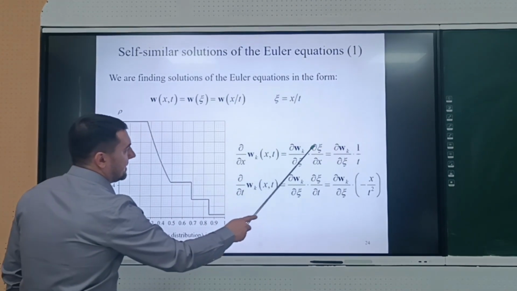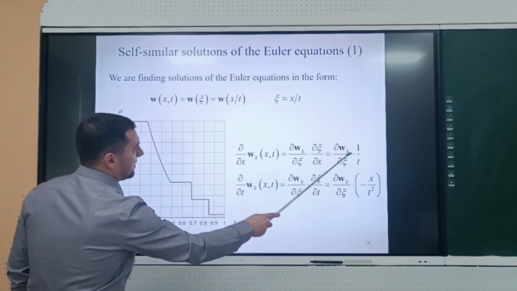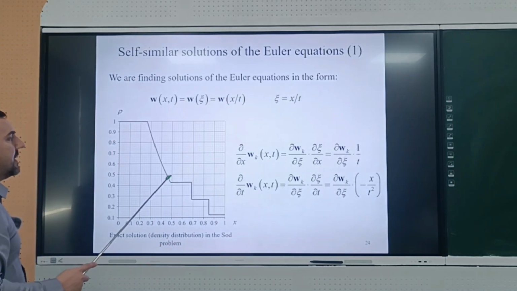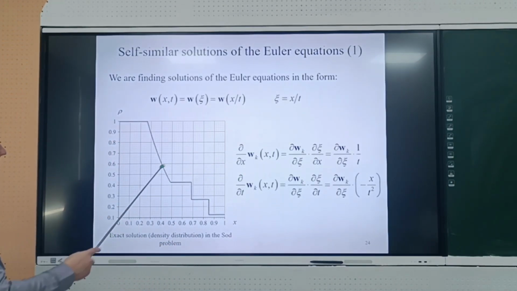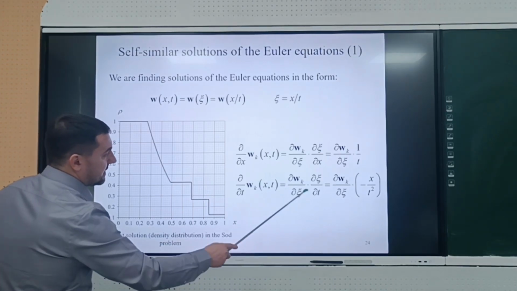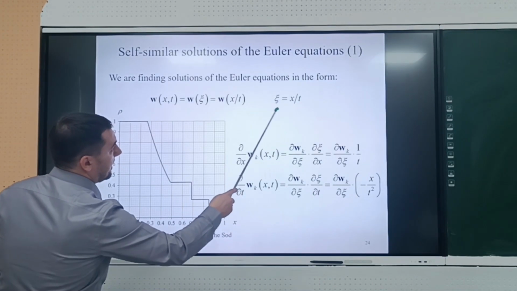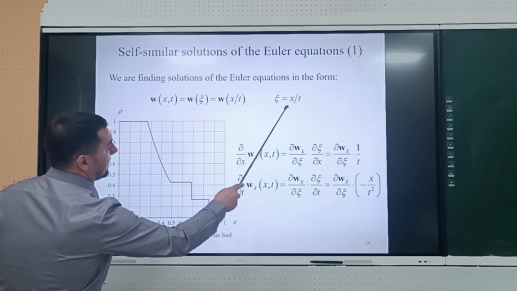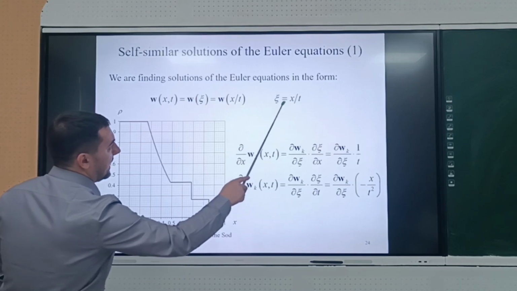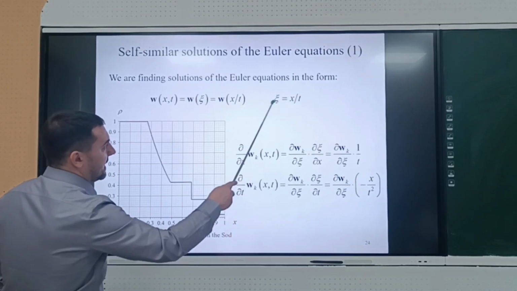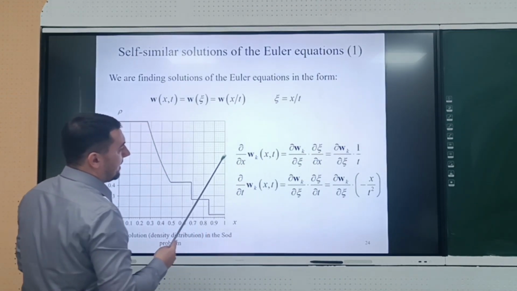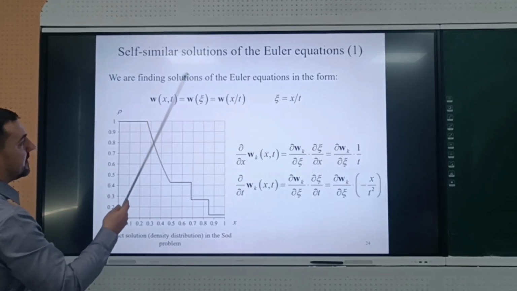So this is how the derivative with respect to x of our vector should look. And dw over dt is similar. Now we should compute d psi over dt: the function is x over t, and the derivative is minus x over t squared, with x constant here because x and t are independent variables. And we obtained the specification of these derivatives in the case of a self-similar solution.